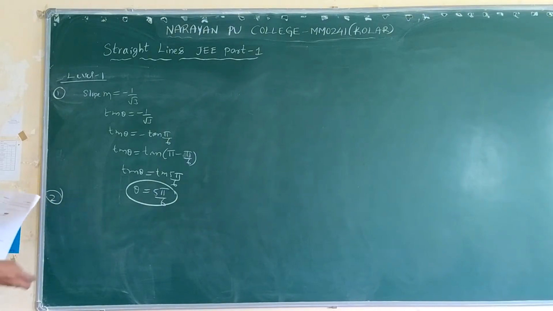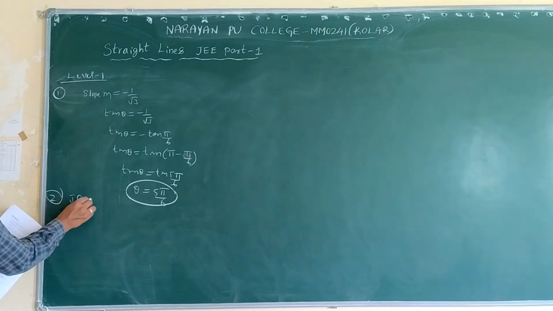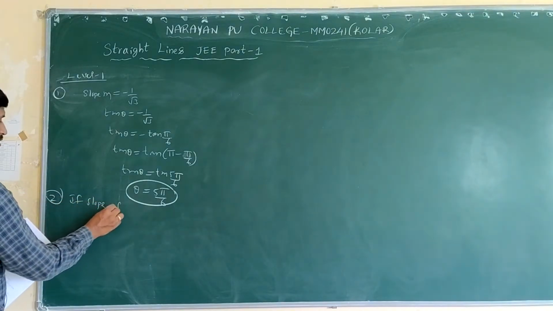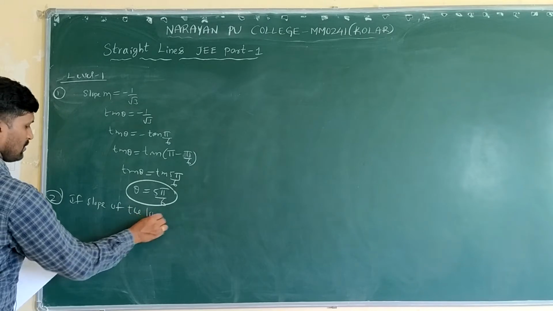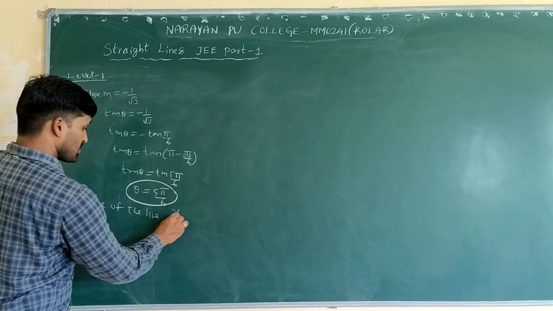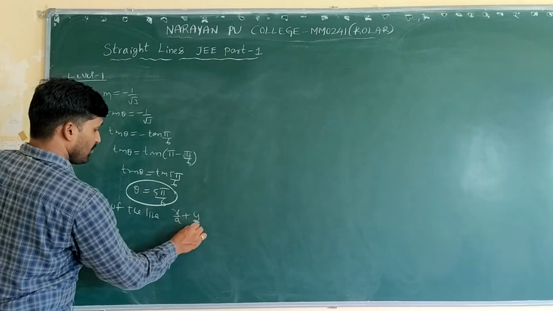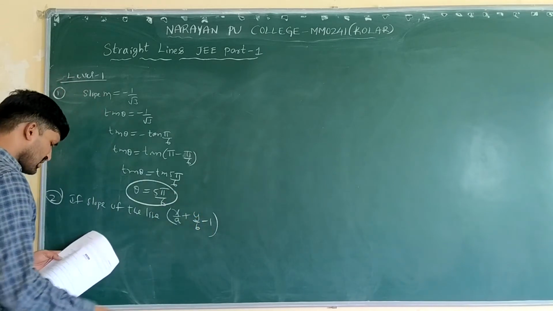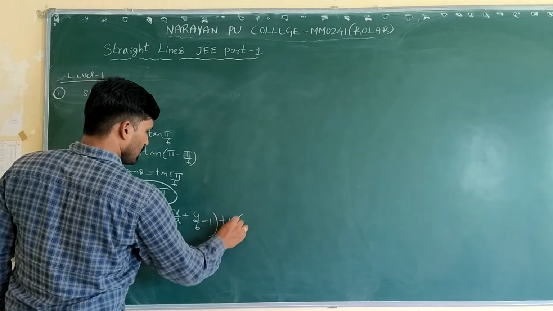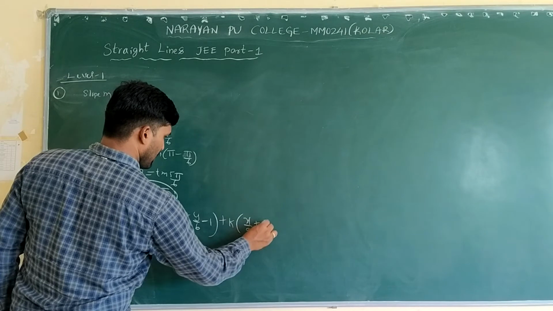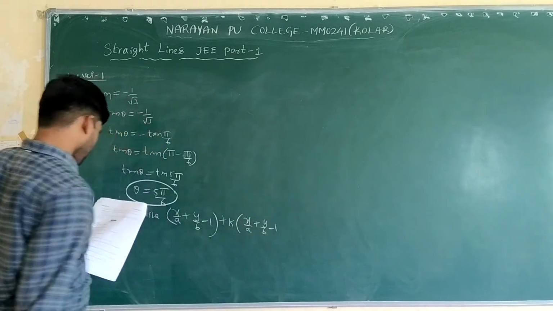Next, they have given the slope of a line. If the slope of the line given is x by a plus y by b minus 1, some line is given, plus k into x by a plus y by b minus 1.